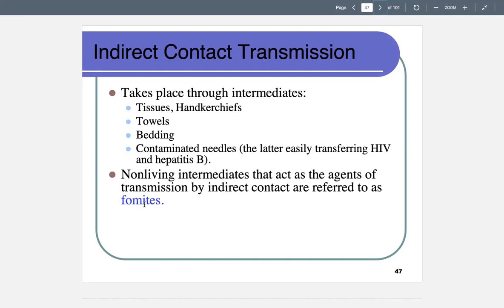This could take place through tissues, handkerchiefs, towels, beddings, and contaminated needles. There is a carrier of the pathogens, so the pathogens are not directly introduced to you. Someone or something carried them and introduced them to you. That is indirect contact, and the intermediary is called a fomite.